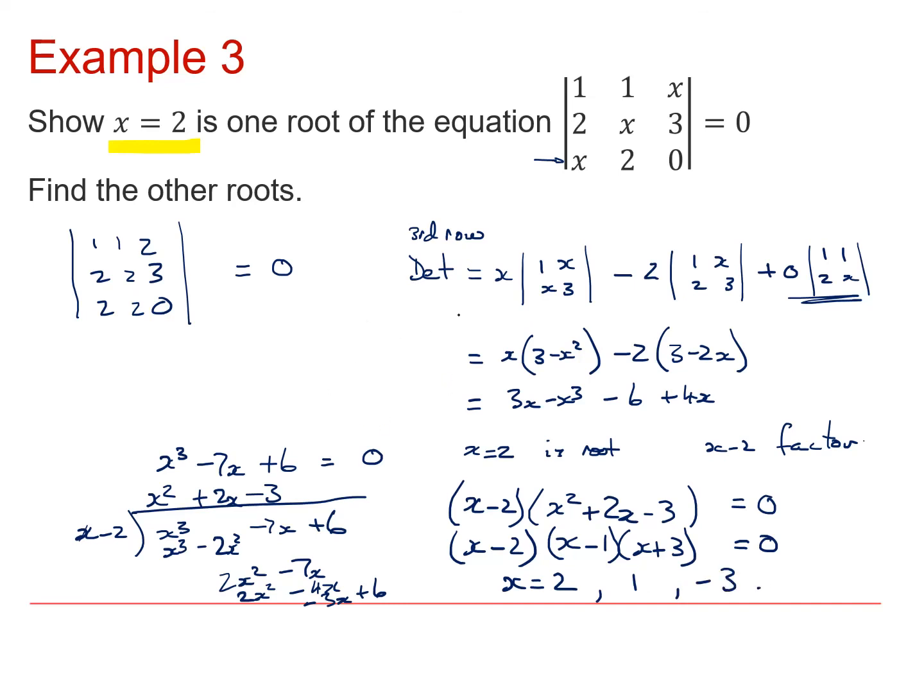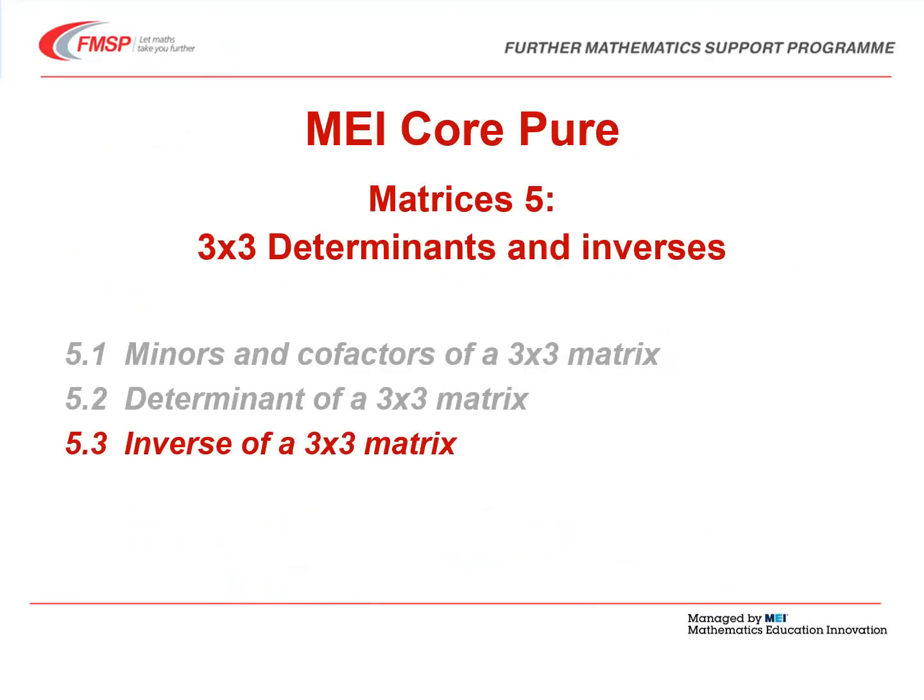So there's a lot of work hidden in that question. It looks fairly simple, but it is made a lot easier by choosing the correct row or column to do the expansion. The next and final video in this sequence is 5.3, the inverse of a 3 by 3 matrix.